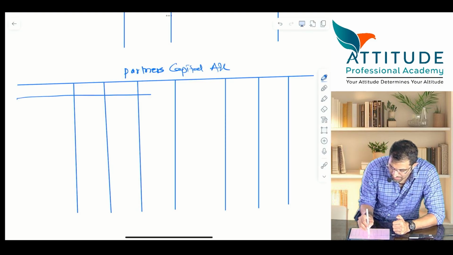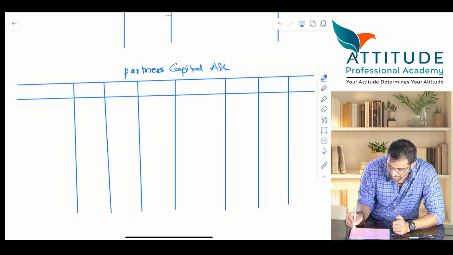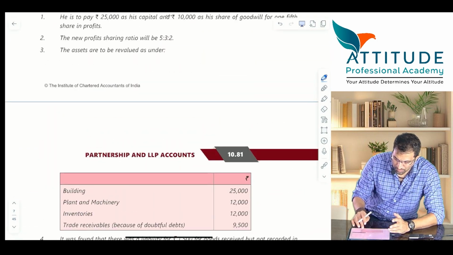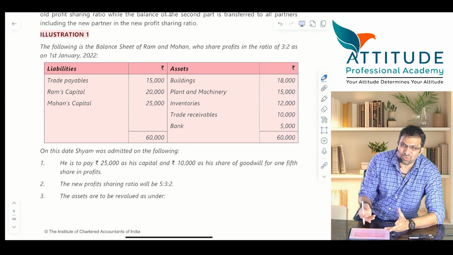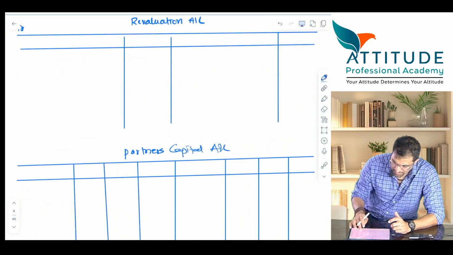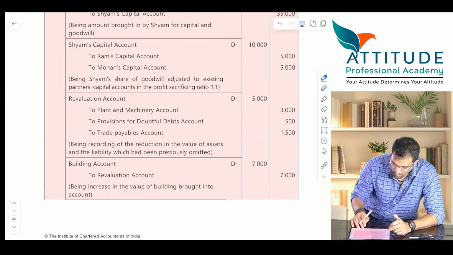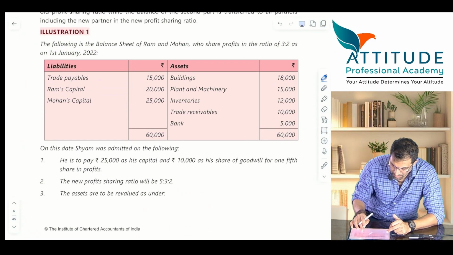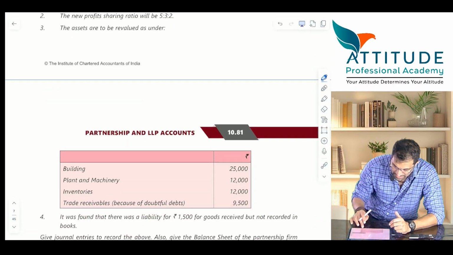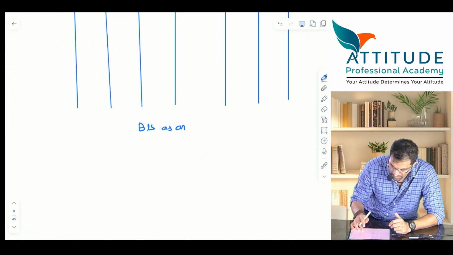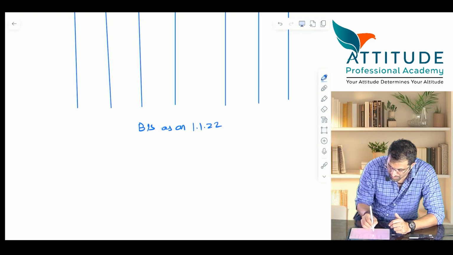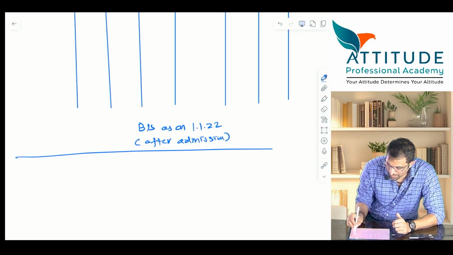Around 6-7 lines. See, and balance sheet, you see the old balance sheet. Around 6-7 lines, it will remain the same. 6 lines. Balance sheet after admission. Whatever is the date. 1st Jan is admitted. 1st Jan 2022.